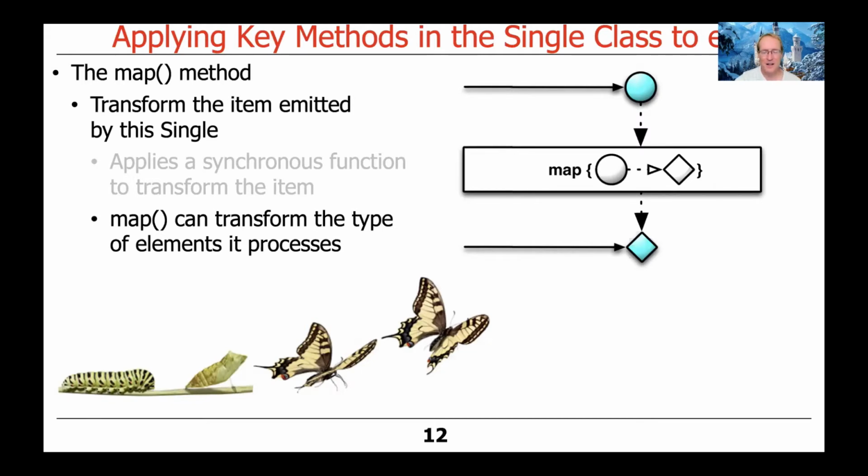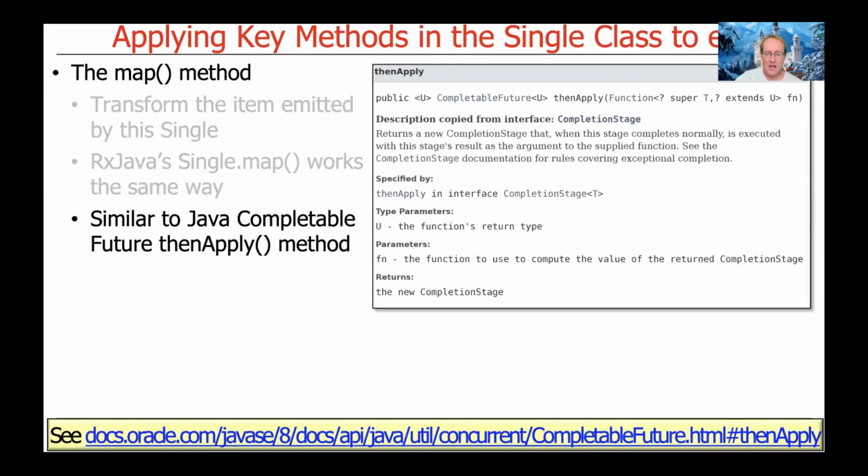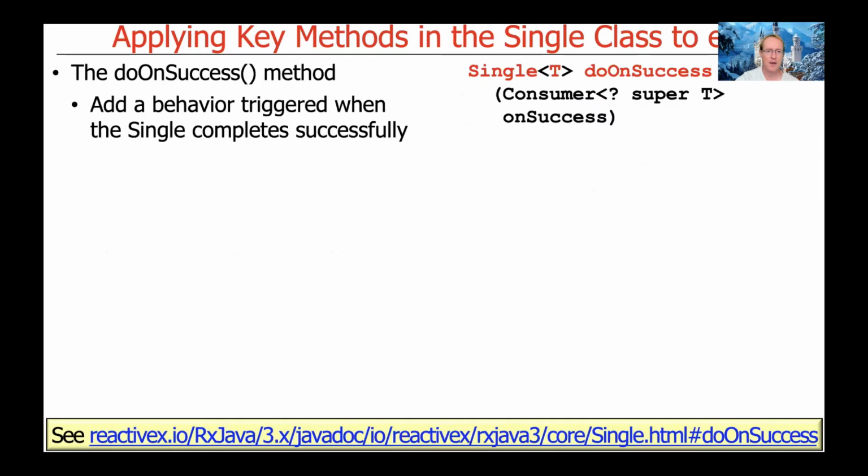What's important is that it's changing the type, or could change the type. It doesn't have to change the type; it could change the value. You can think of this as being very similar to the thenApply method defined on Java's CompletableFuture, where you take something in and it has the ability to transform it, because it's basically taking a function and mapping it. Pretty much the same idea.